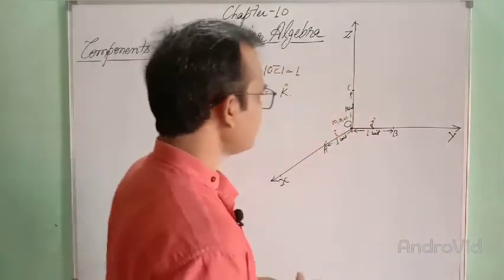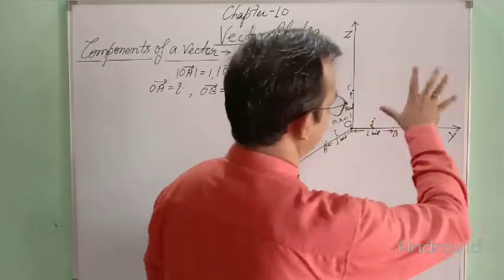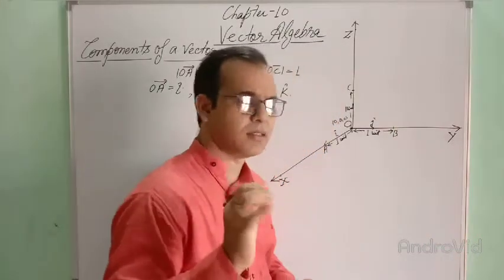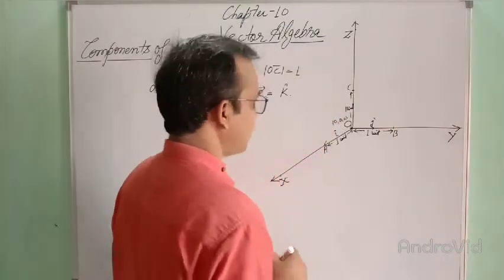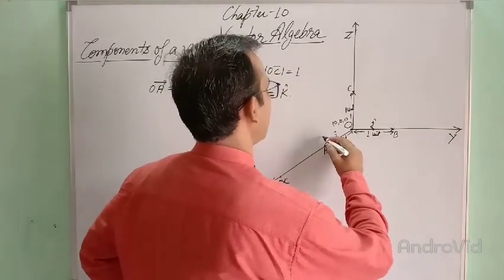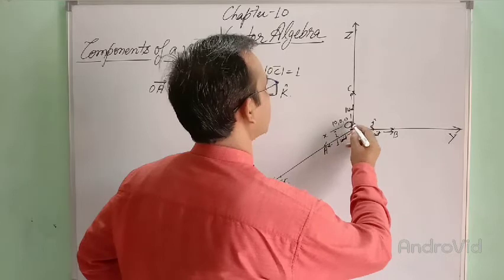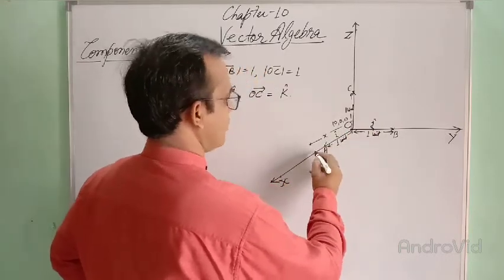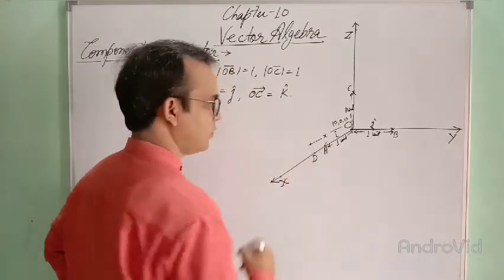How? Let me explain. There is somewhere a point P in the space having the coordinates x, y and z. Then x will be the distance covered along this x-axis. Suppose you get a point here as D.